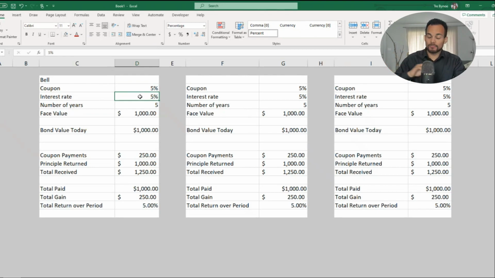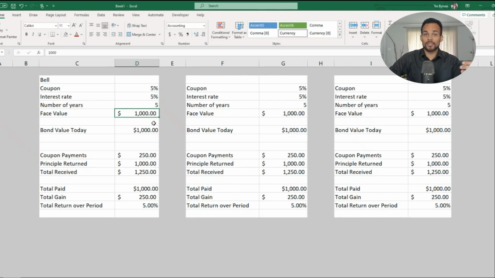The current rates, so the expected interest rate that current investors expect Bell to pay for this type of debt, is 5%. The number of years is 5 years, and the face value is $1,000. So this is like you walking into the branch, into a bank, and paying 5% for a 5-year GIC.